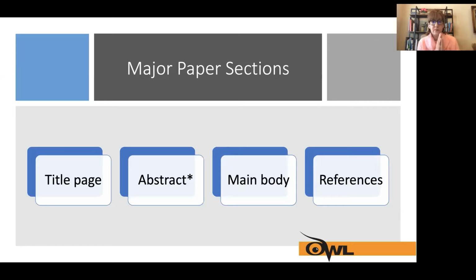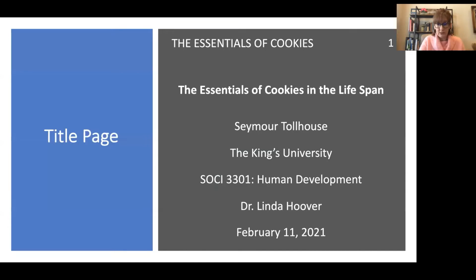So there's 4 major sections, typically, in an APA scholarly paper: the title page, abstract, which you notice has a little star by it, the main body, and the references. So we're going to look at each one of those. In the title page, there are some significant changes in that the running head, which is what the arrow is pointing to, in student papers, is no longer required.